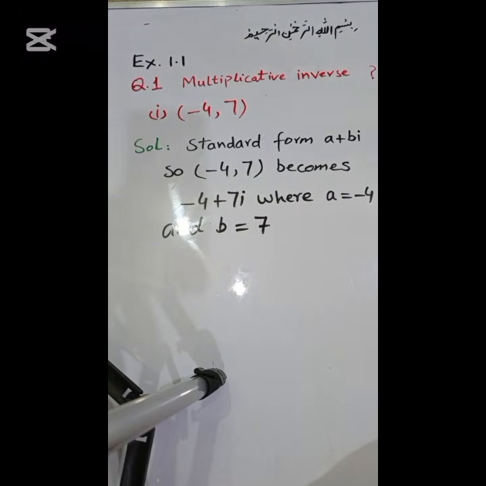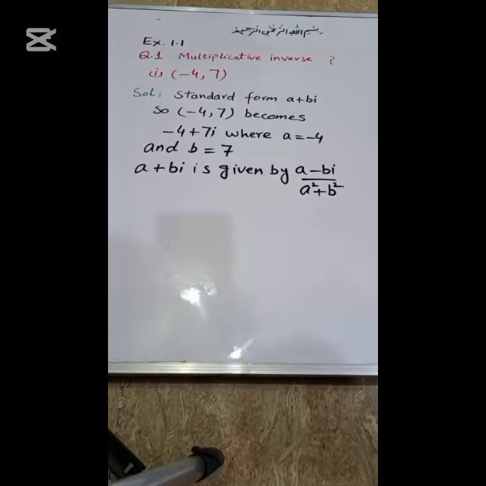So students, first of all, we go to the standard form of a plus b iota. Now we have the question -4 and 7. So -4 and 7 becomes -4 plus 7 iota, where a is equal to -4 and b is equal to 7.